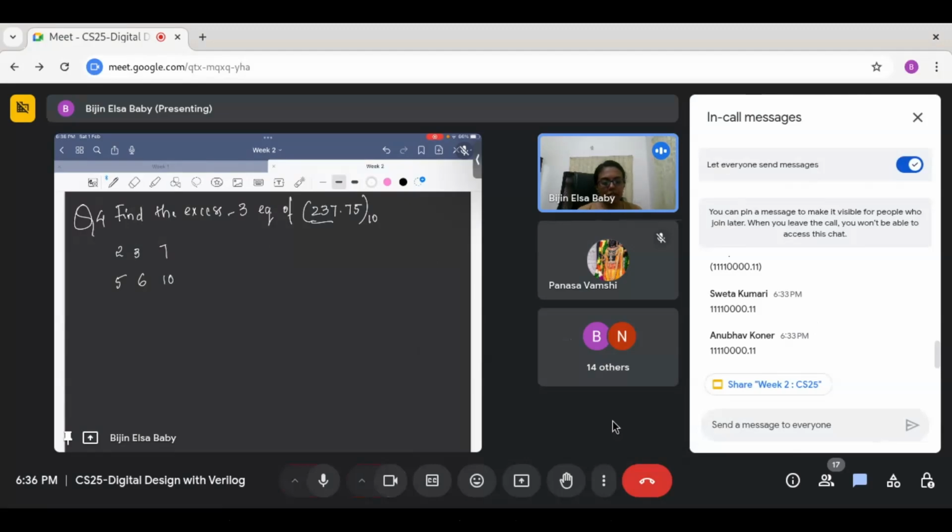Now are you able to write the binary X3 representation? All of you have converted the decimal to binary, but we need the X3 code. So X3 code is also a type of BCD.